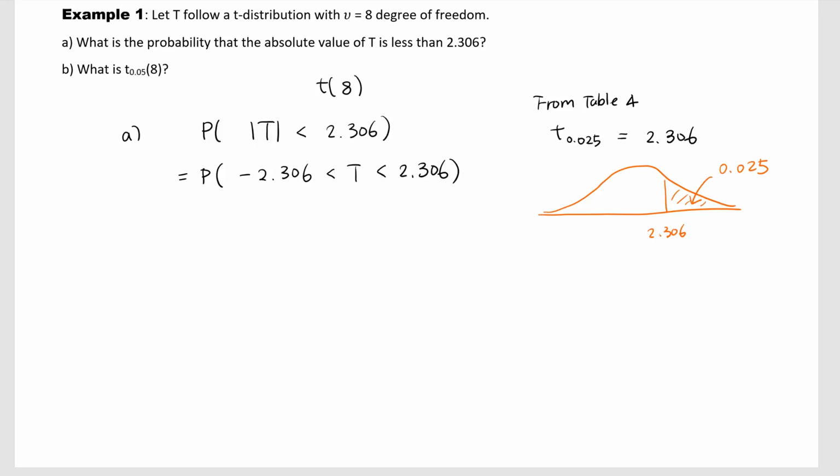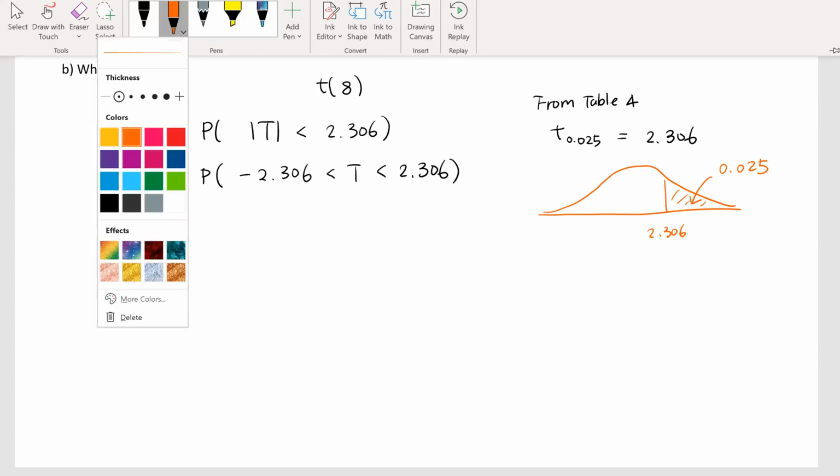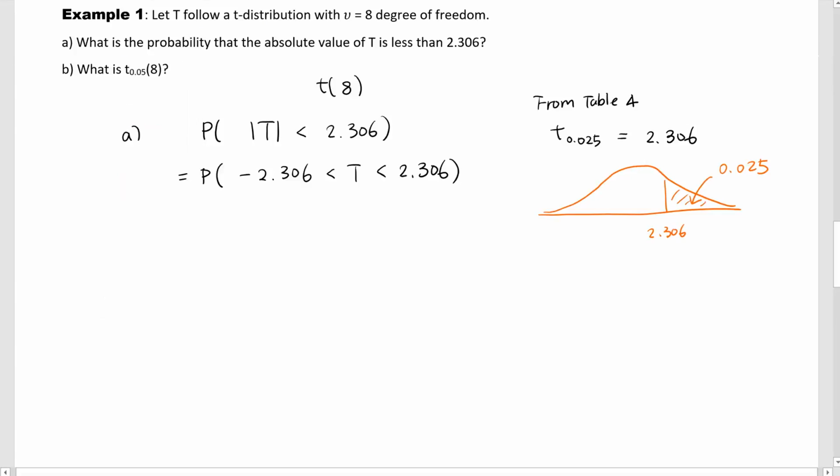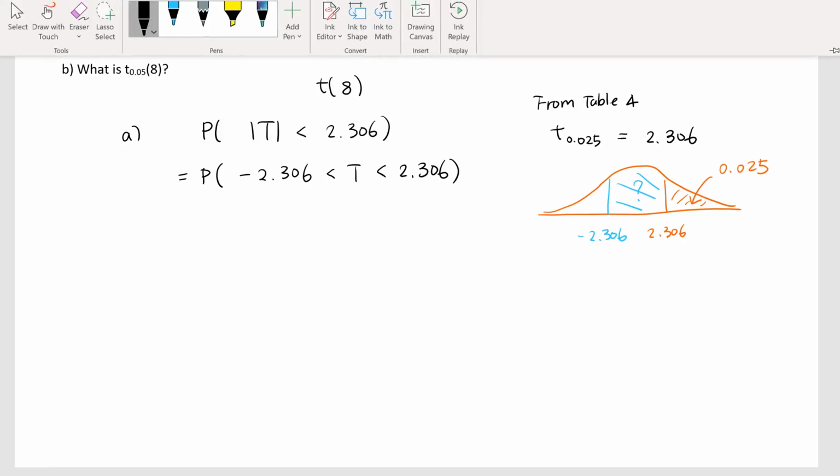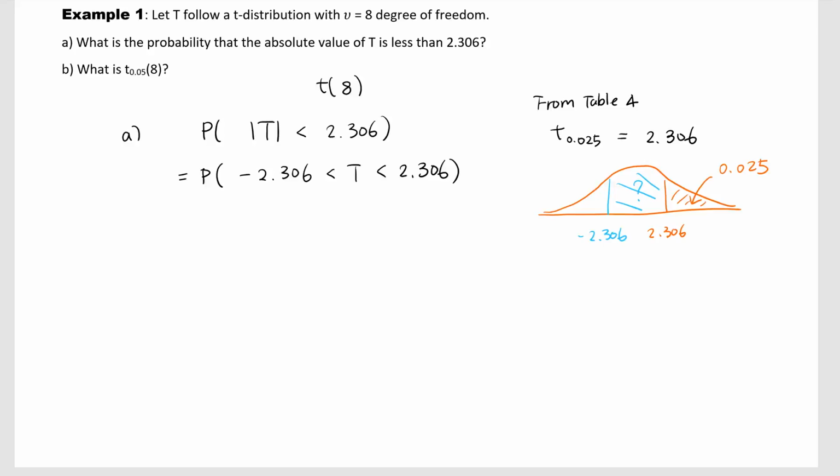What are we looking for? We're looking for the probability between negative 2.306 and 2.306. So we are looking for this. This area is 0.025, and this one and this one are the same, so this is also 0.025.